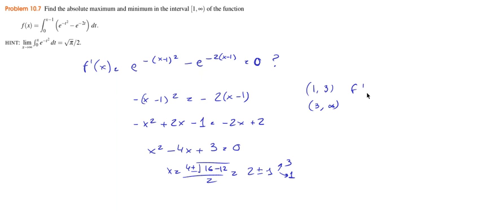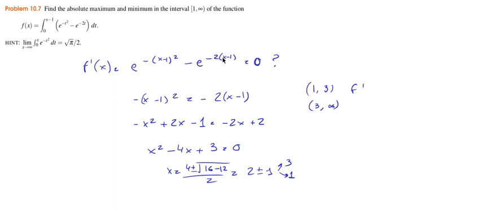So f prime between 1 and 3 is going to be, let's see, for instance at 1, this is 0, obviously. So let's see, at 2, this is e to the minus 1 minus e to the minus 2, right?